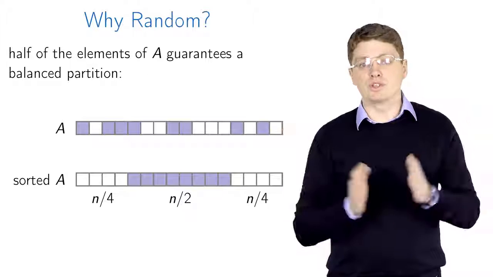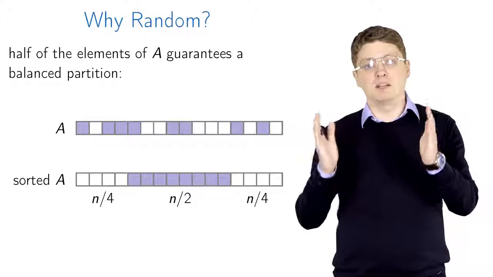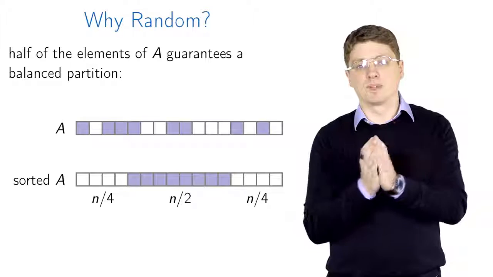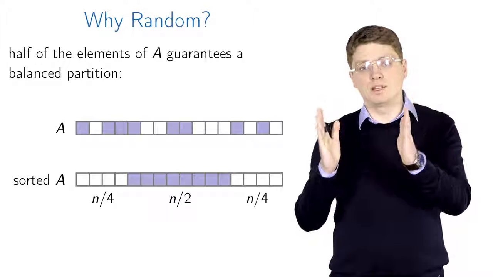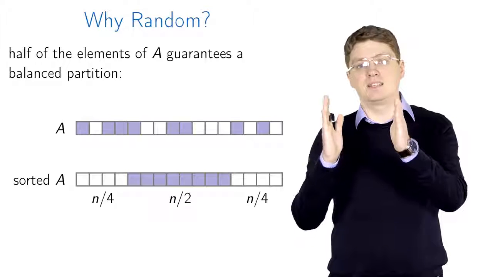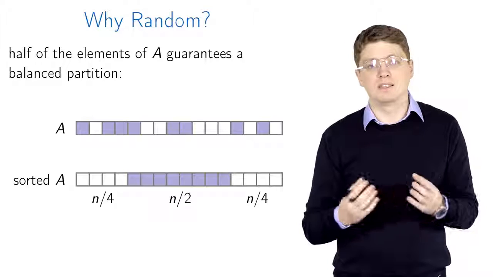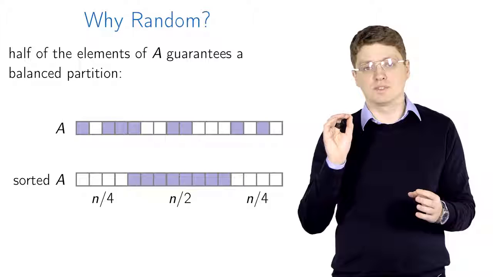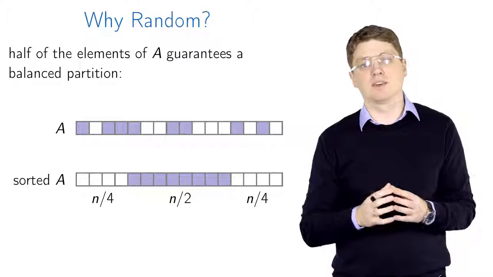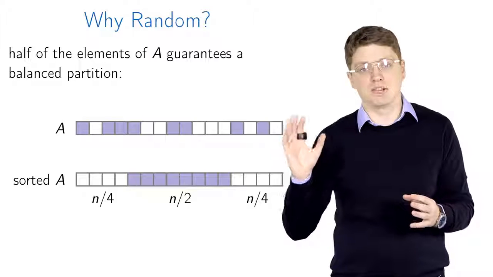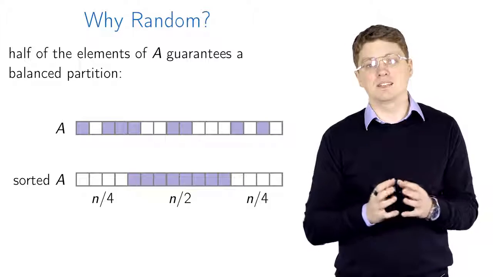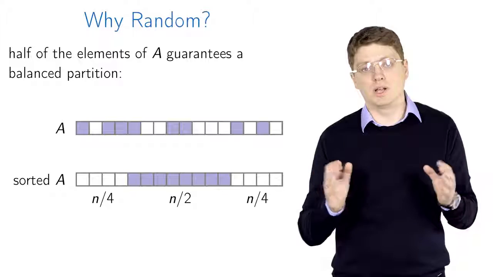In the sorted version, consider the middle half of the elements. We consider n/2 elements that stay exactly in the middle. An important property of all these elements is the following. For each of these n/2 elements, there are at least n/4 elements that are greater than it, and at least n/4 elements that are smaller.